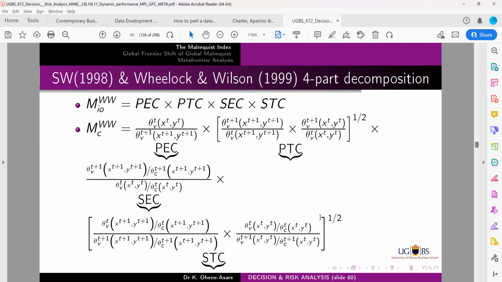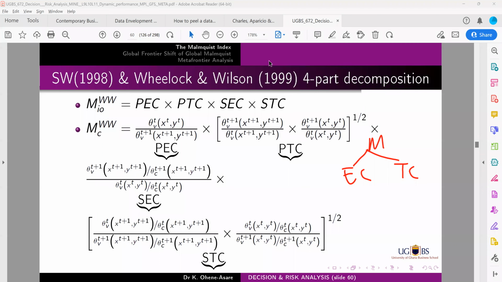Now, let's go to the 4-factor decomposition. It's not difficult at all because what these guys did, Wheelock and Wilson, and Simar and Wilson earlier, was that they brought a 4-factor decomposition. What is that? Well, take the original 2-factor decomposition, all of which were under CRS. In other words, this is what I mean. This is a Malmquist productivity index. When you split it into 2 under CRS, you have the efficiency change and then the technological change.